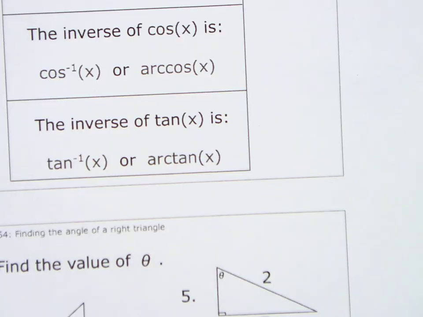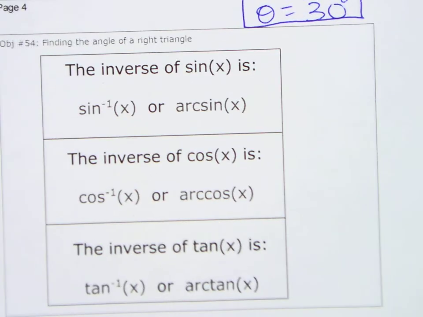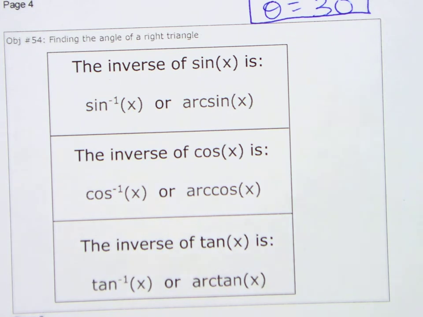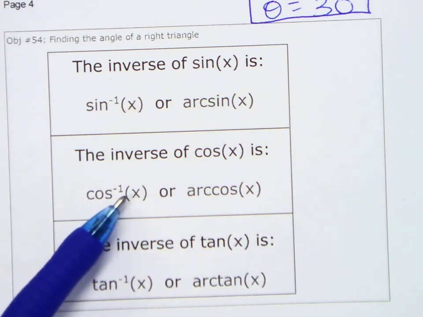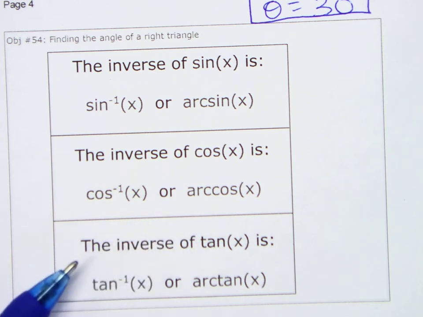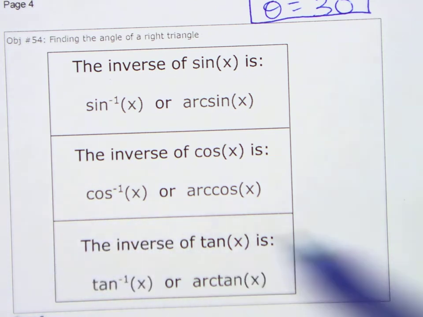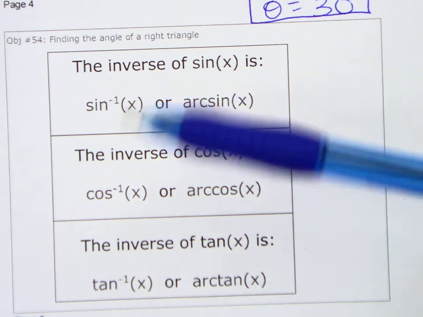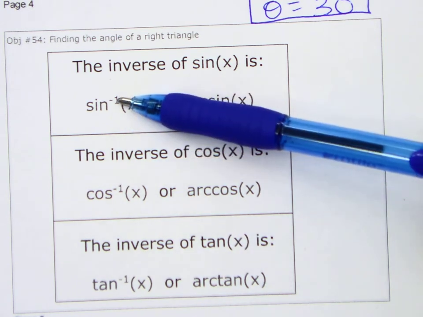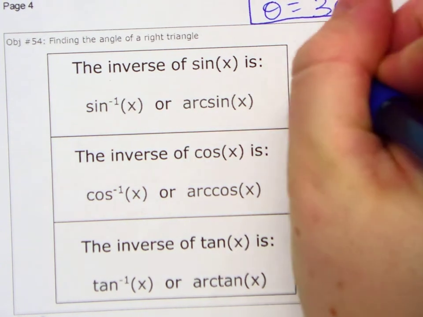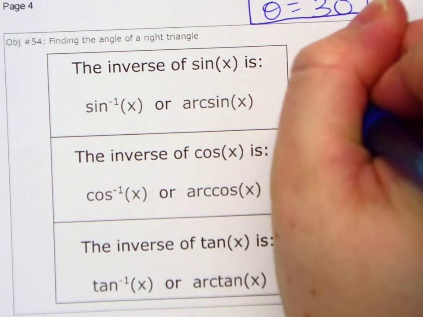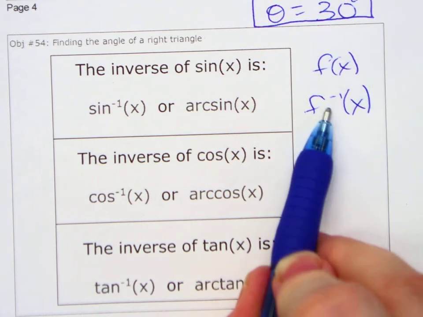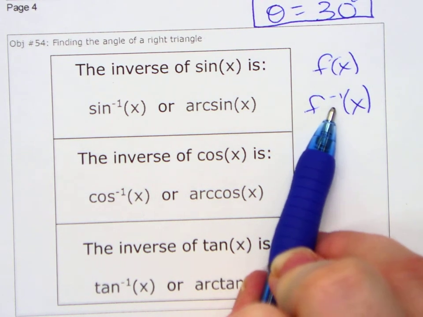All right. So the inverse of sine is sine -1 or arc sine. There's two different names. Cosine is cosine -1 or arc cosine. Tan -1, arc tan. I tend to say these because the problem is with this -1, remember f of x and f -1 of x, this meant inverse back when you learned about inverses.